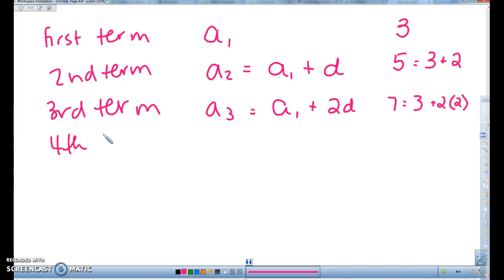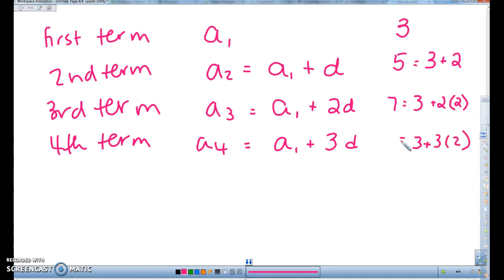Our fourth term, a sub 4, is a sub 1 plus 3 times the common difference. So 3 plus 3 times 2, that's 6 plus 3 is 9. See, we're getting that 3, 5, 7, 9.